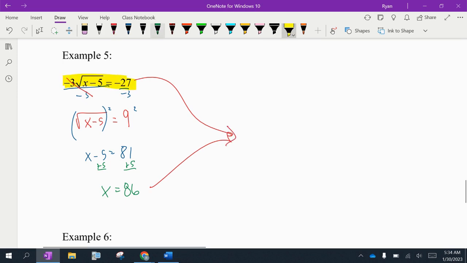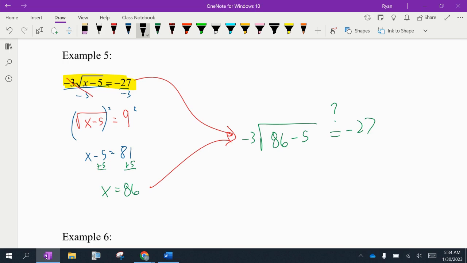Here's my original equation. So it's -3 square root of x, which I think is 86, minus 5. Does that equal -27? And when you're checking these, you should run into some familiar problems as you're going through this check. What I mean by that is 86 minus 5 is 81, and I had an 81 earlier, right?